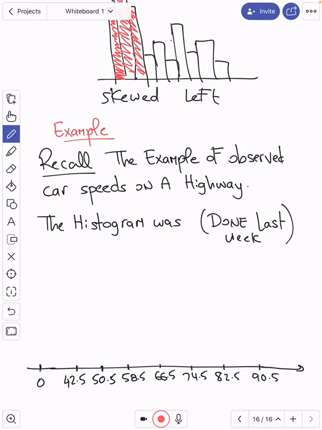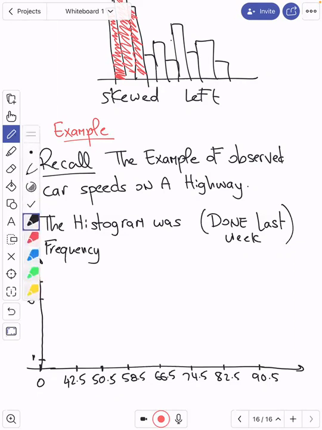And here is our frequency axis. The shape of the histogram was like, I think, 1, then 6 somewhere, and then 8. The frequency of the first class was 1, right? The frequency of the second class was 0. The frequency of the third class was 1 again.